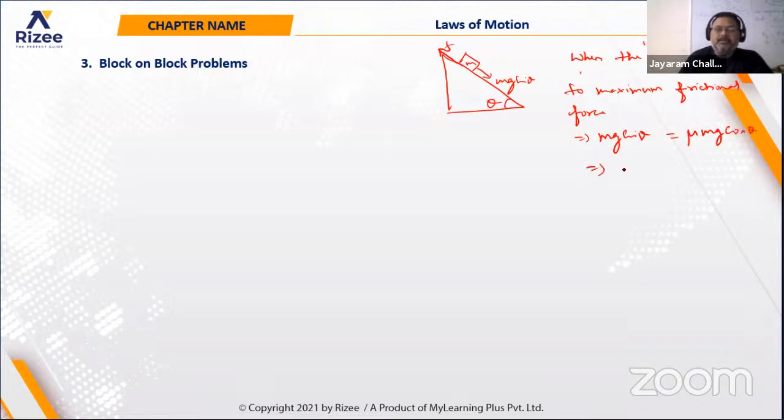This is the situation where tan theta is equal to mu, which is called the angle of repose.